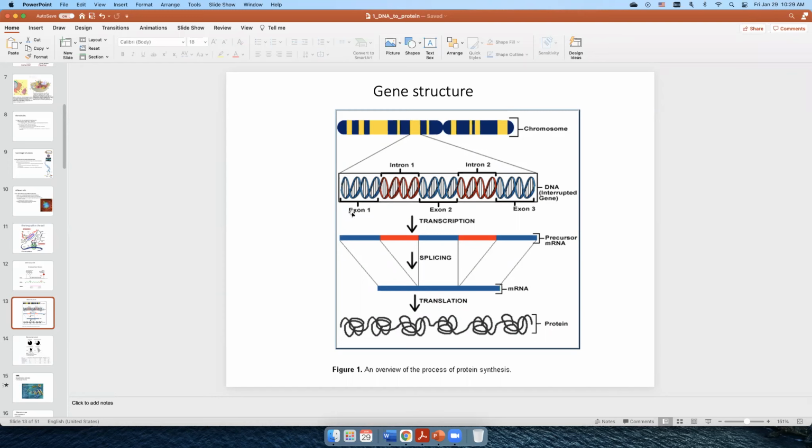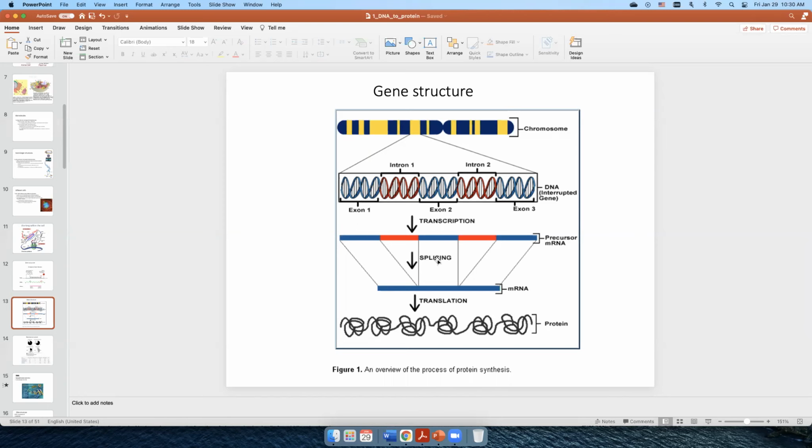We call some parts exon, others are intron. So this entire gene can be read by the mRNA. When the mRNA transcribes the code in the gene, it will also contain the message from exon and intron.